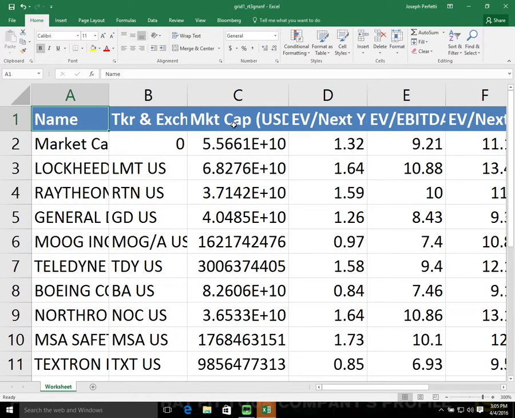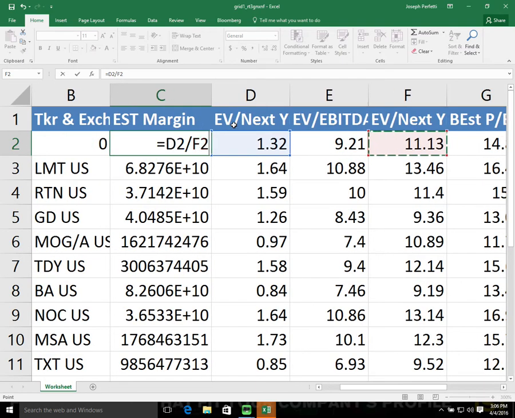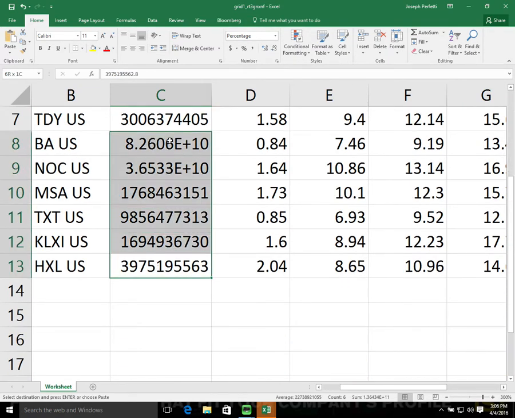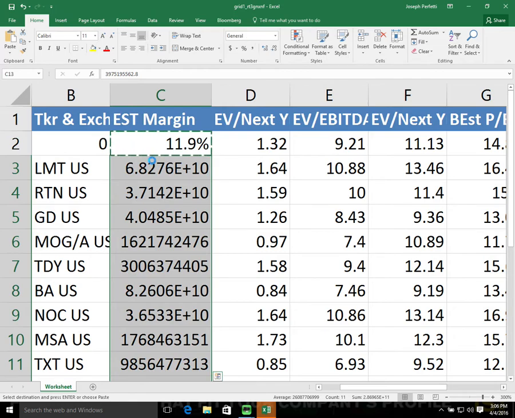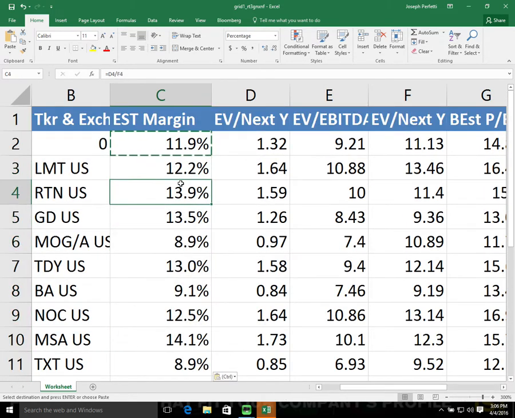I know that the estimated margin being used in the defense and aerospace industry today, prospective margins, is a little under 12%. And I know, based on the trading multiples, that Lockheed Martin's estimated margin is 12.2, Raytheon is 13.9.